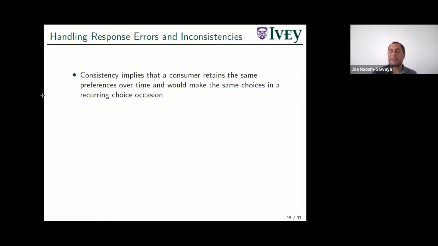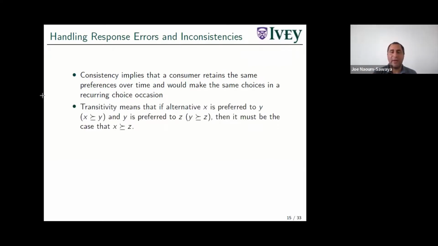So the choices are not consistent, which was a very strong assumption in earlier models. On top of this, choices in reality violate transitivity. If I pick choice 1 over 2, then 2 over 3, sometimes if you show 1 and 3 to the consumer, they still would pick 3 over 1, which doesn't make a whole lot of sense.